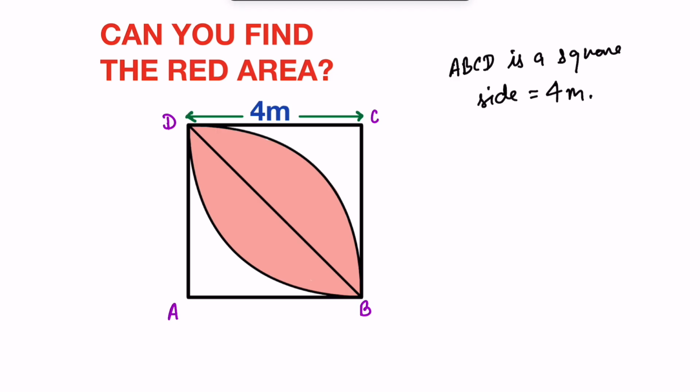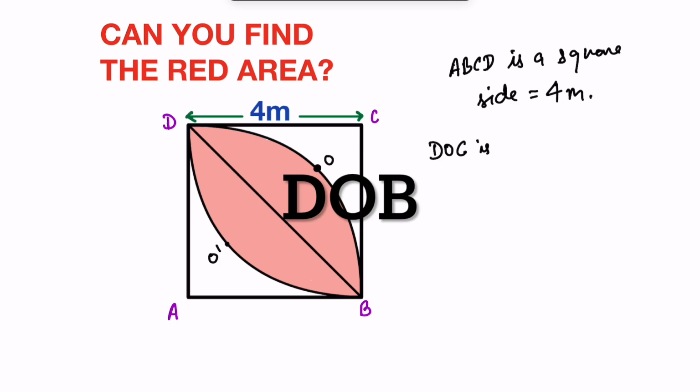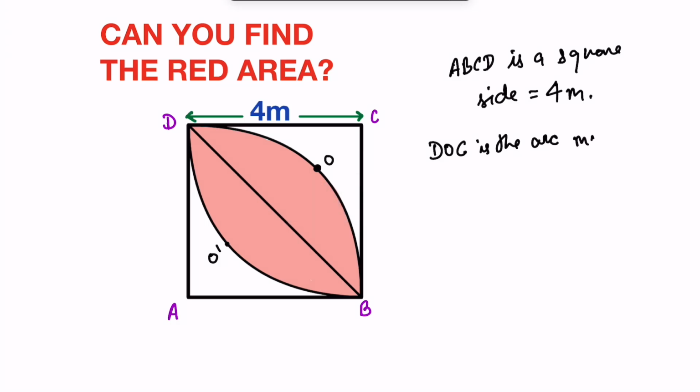CD, this is O, this is O dash. DOC is the arc made by taking A as center.